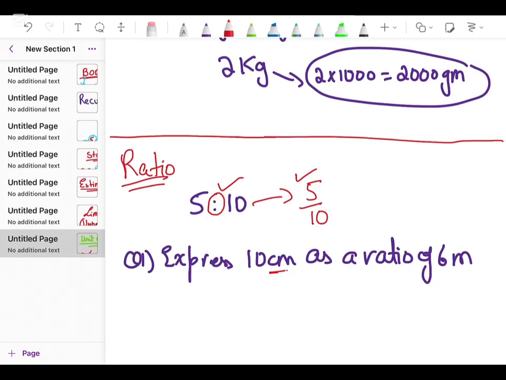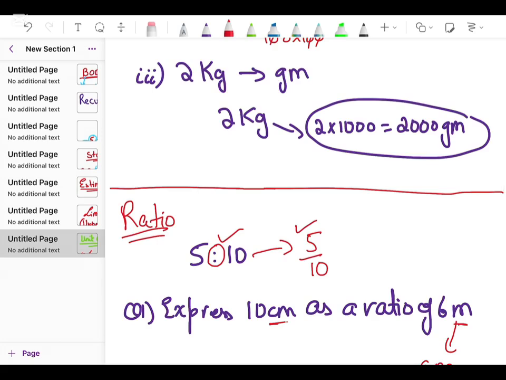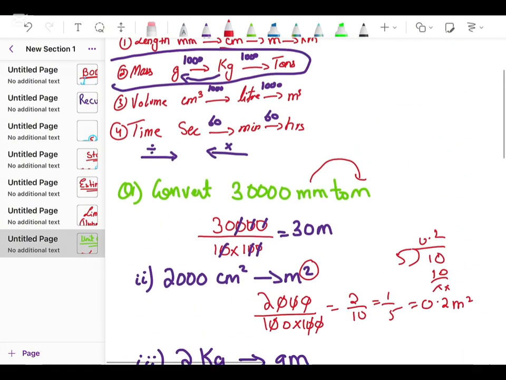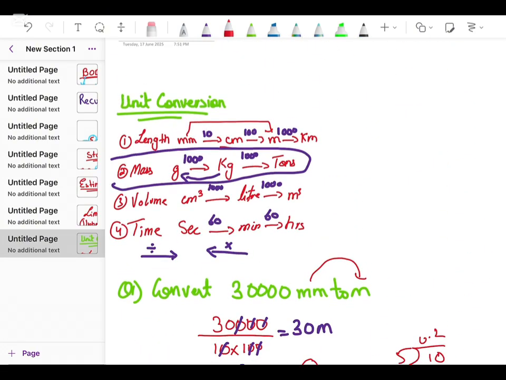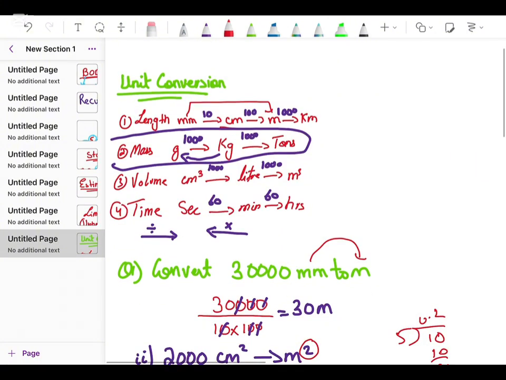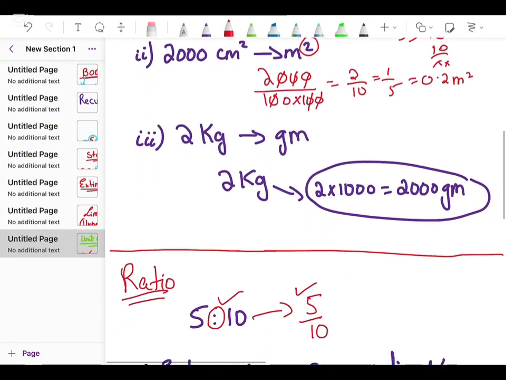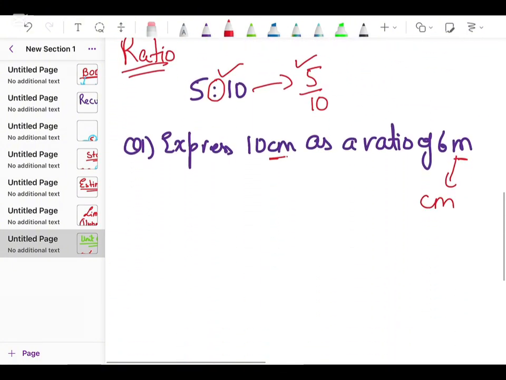Right now you can see that the units are not the same. So I will convert meter into centimeter. It's up to you, you can convert centimeter to meter as well, but it's easier to convert meter into centimeter and simplify. Meter to centimeter means multiply by 100, because we are going backward, left side, so we have to multiply it. So 6 multiplied by 100 will give me 600 centimeter.